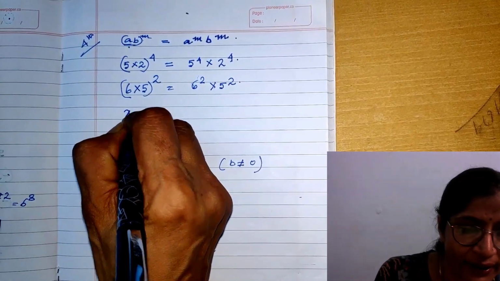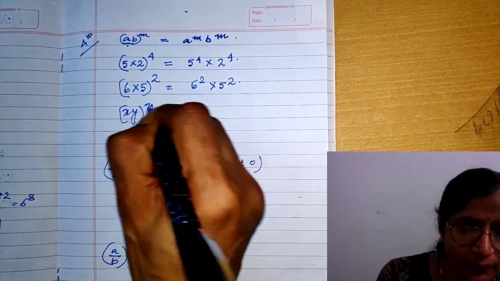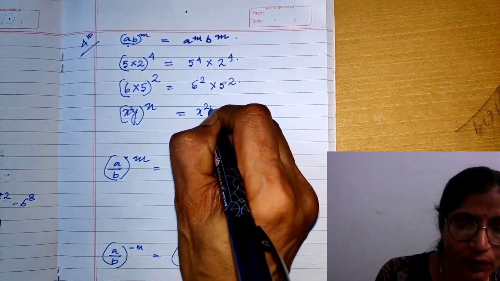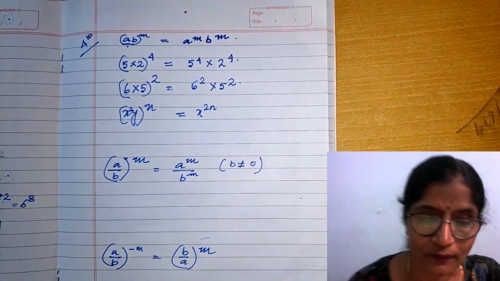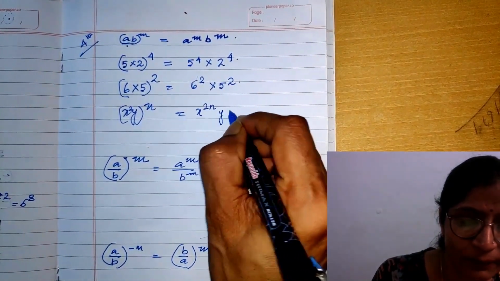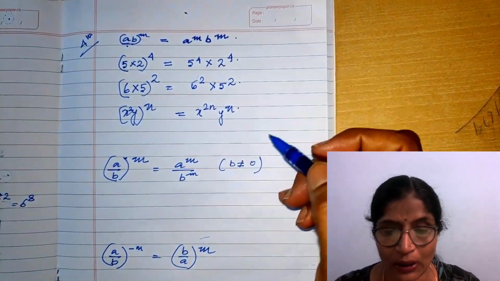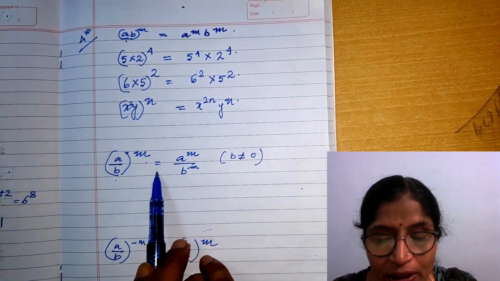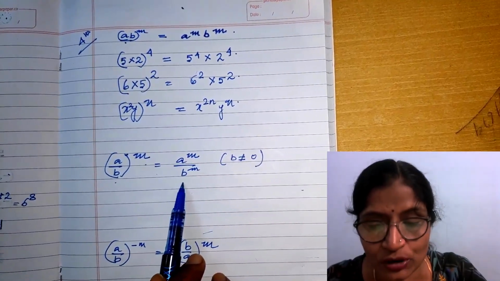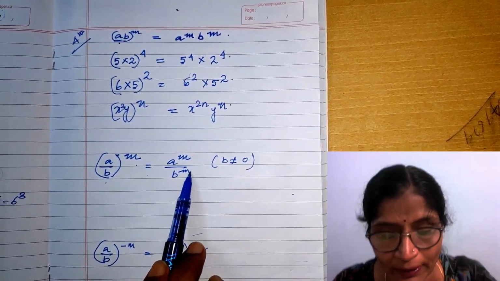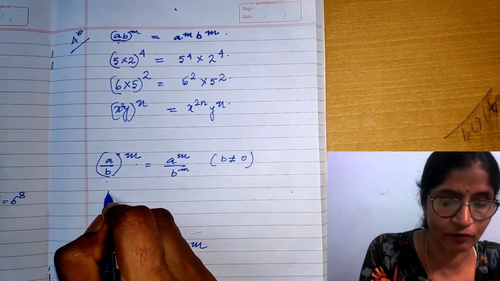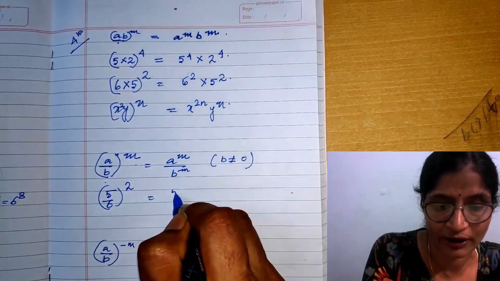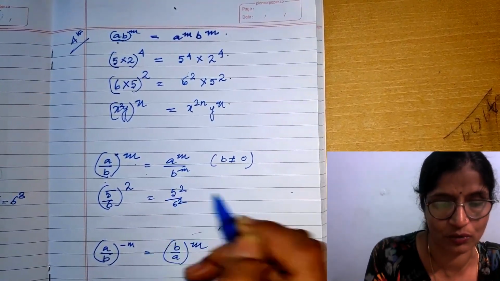Or suppose I write (x^2 y)^n, then it is equal to x^(2n) and y^n. Now next is (a by b)^m, which will be equal to a^m divided by b^m. For example, (5 by 6)^2 is equal to 5 square divided by 6 square.